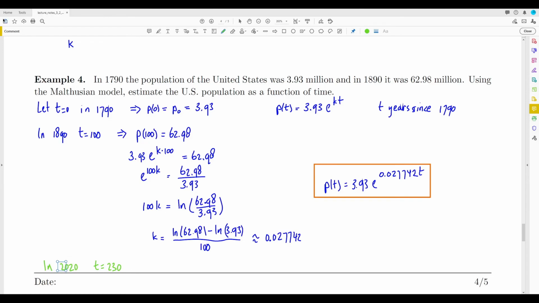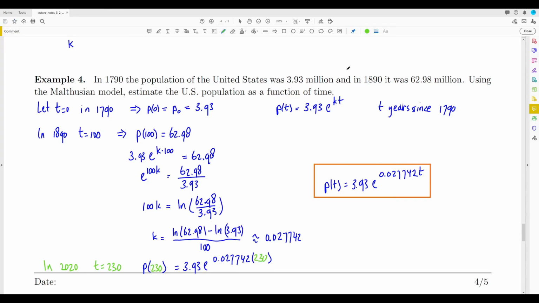And so if we plug that into our formula here, we get P of 230 is 3.93 e to the power 0.027742 times 230. So e to the power of that.